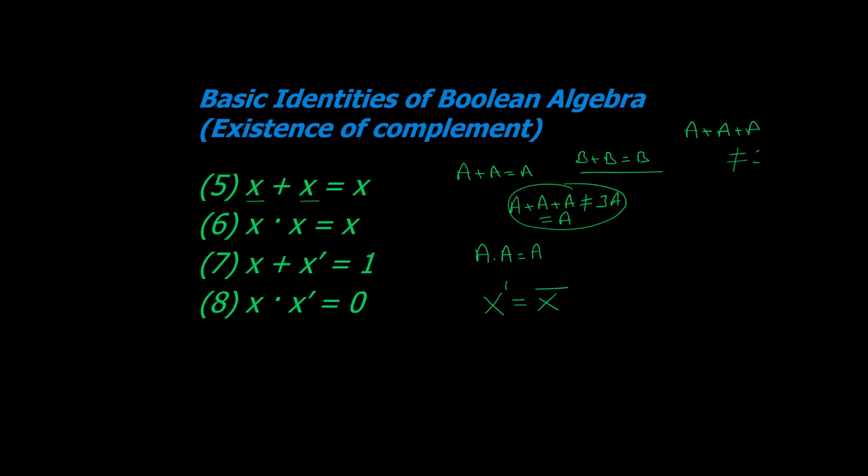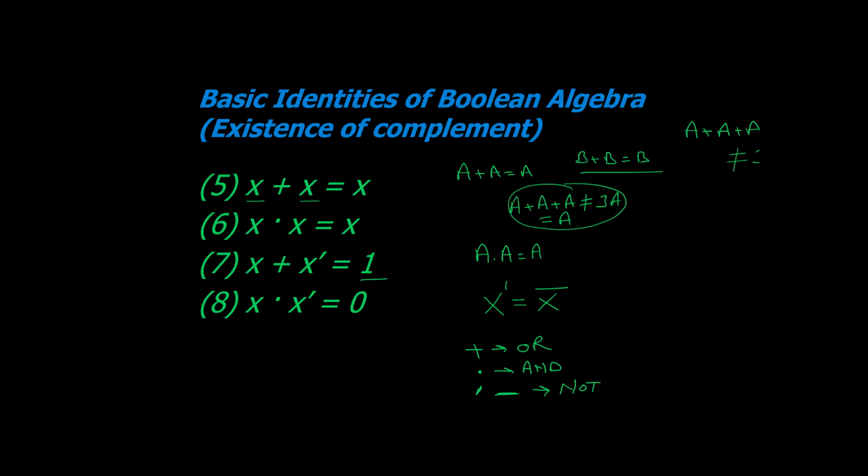As I told you, the plus sign is the OR operator, the dot sign is the AND operator, and this complement or bar is the NOT operator. So x plus x bar will be equal to 1.